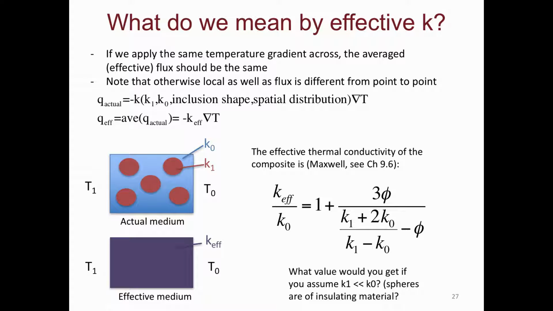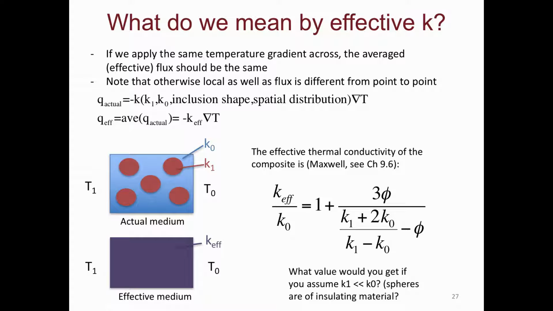So what would you get if your K1 was way smaller than K0? So if you divide this by K1 and this by K1 and take a limit, this becomes 1.